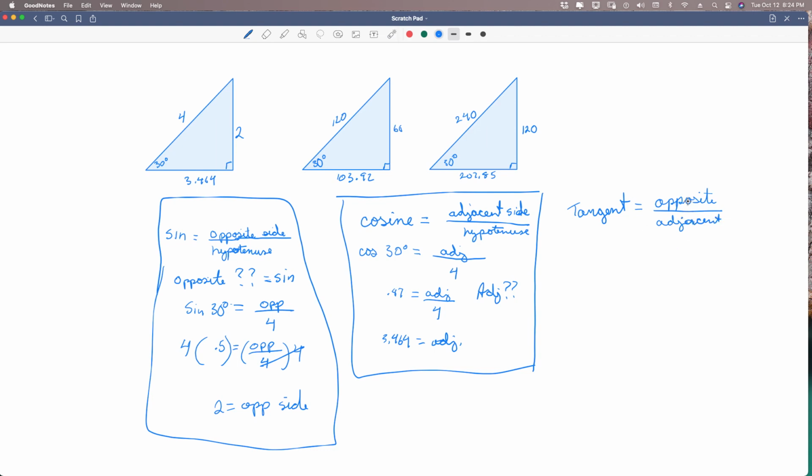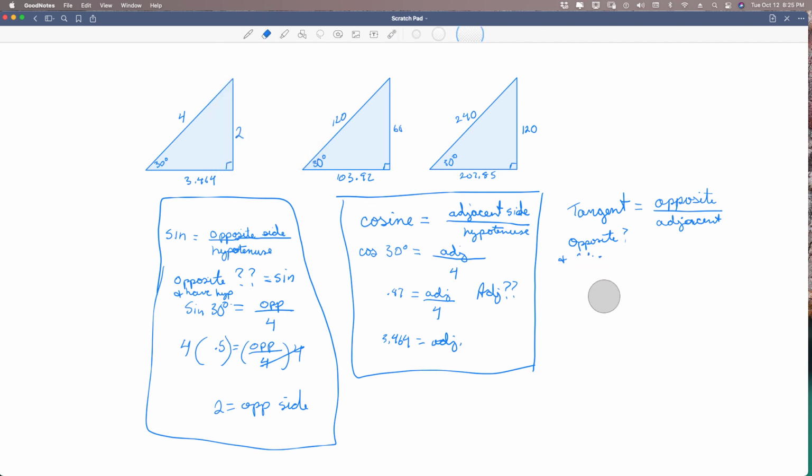So, if you need to know the adjacent side and you don't have the hypotenuse, then you are looking for the tangent. Okay? So this is when sine is you need the opposite side and have the hypotenuse. Okay? Tangent is when you're looking for the opposite and you only have the adjacent.